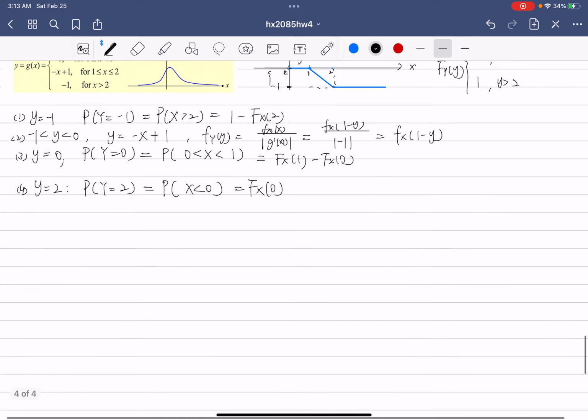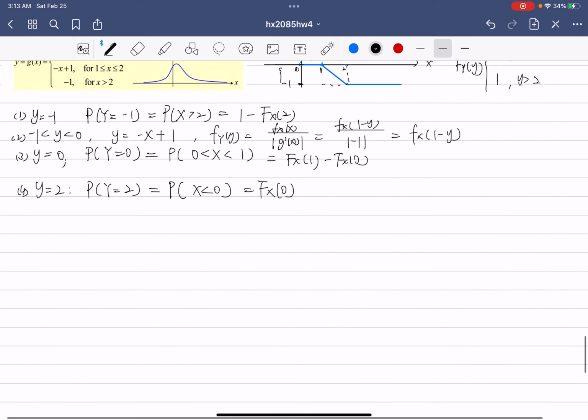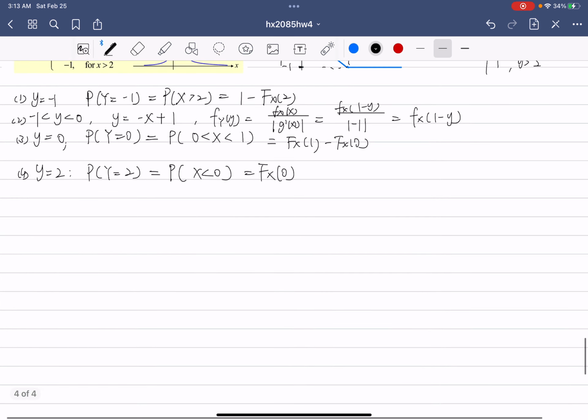So till now we already have the probability density function of y.